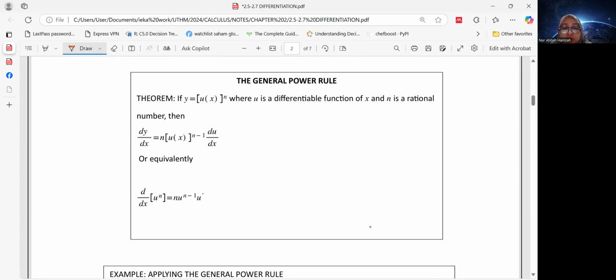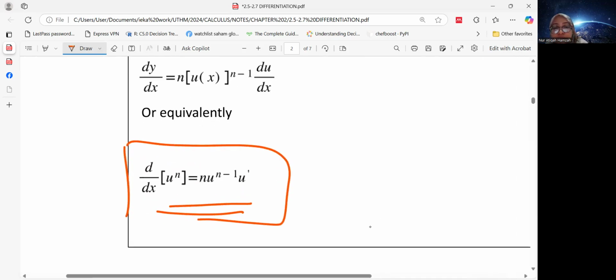Or equivalently, we can say that d/dx of u to the power of n is equal to n u to the power of n minus 1 times u prime. Let's assume this part is u prime.